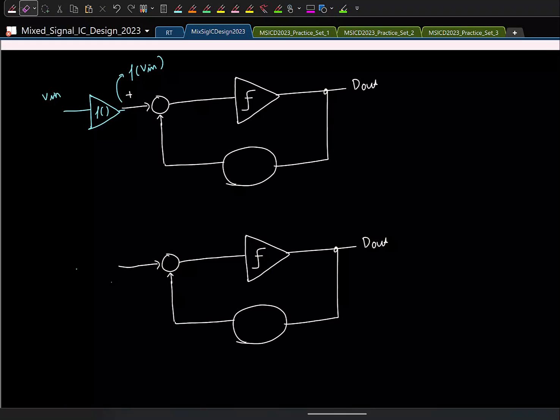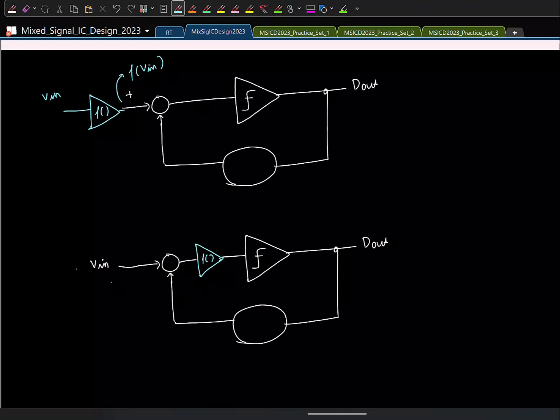This is the suggestion. Here is what he suggested, so let's put it here. Now you see, with V in, this buffer can add its own non-linearity, but the negative feedback loop doesn't care.